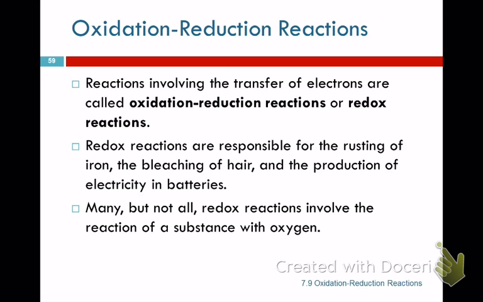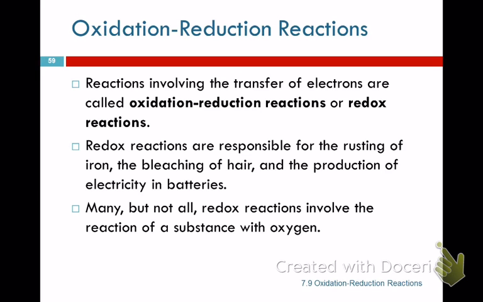All right, so here's another redox reaction. This is known as a single replacement. I'm going to have a metal, let's say it's zinc, solid, plus copper nitrate, aqueous.